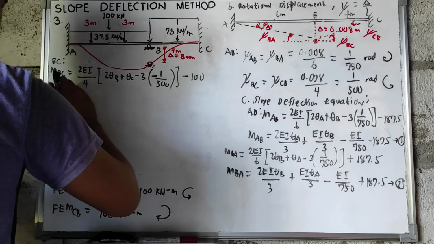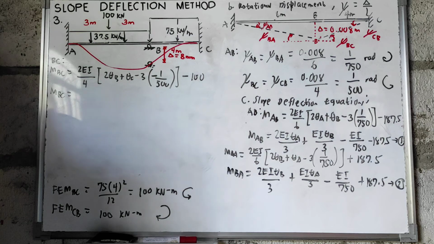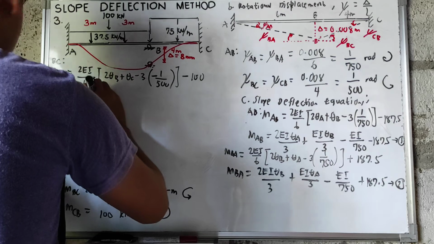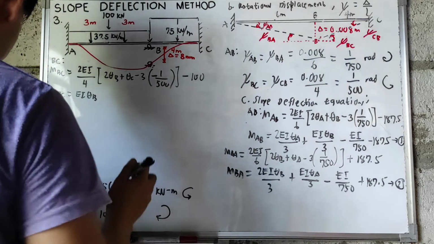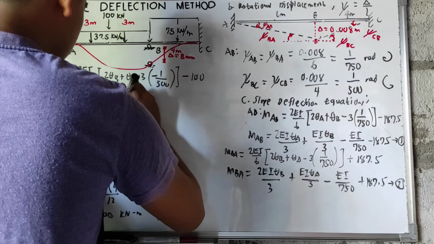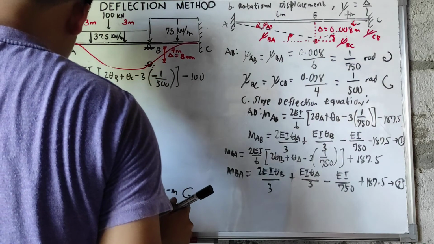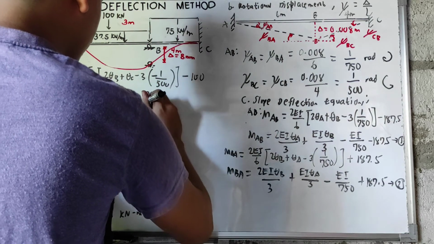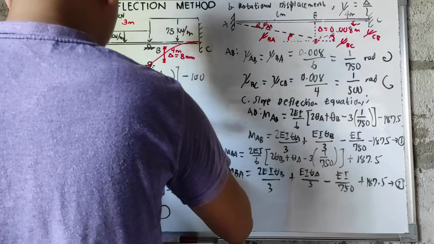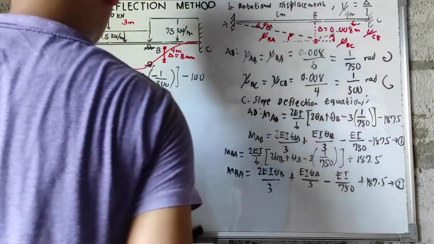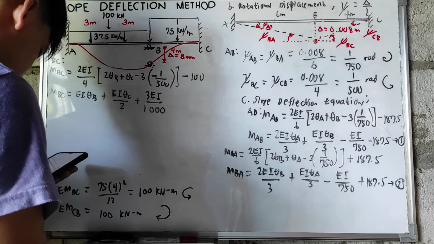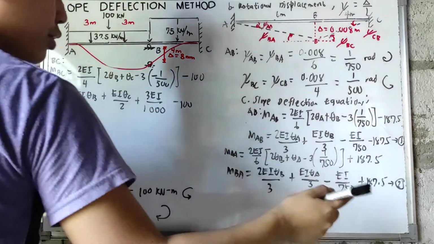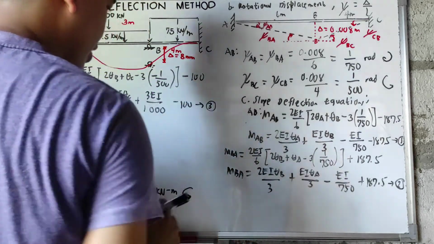So kung i-arrange natin yan, we have EI theta B plus EI theta C over 2 plus 3EI over 1,000 minus 100. So this will now become your equation number 3.